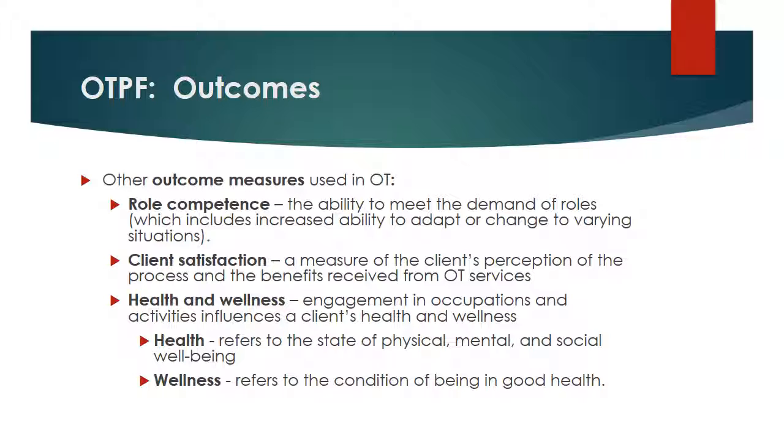Health, more specifically, refers to the state of physical, mental, and social well-being, and wellness refers to the condition of being in good health. So, when we're taking a look at outcomes, or more specifically outcome measures in OT, we consider role competence, client satisfaction, health and wellness.